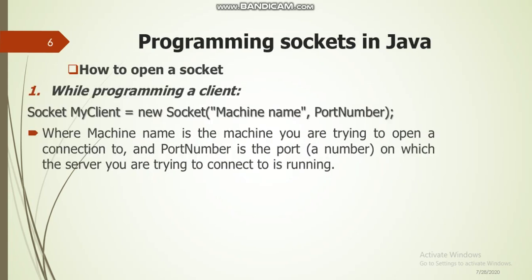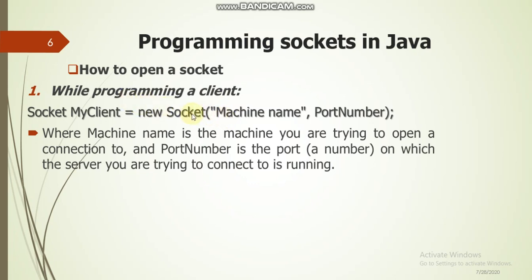To open a socket at client side, we write Socket, we leave space, we put the socket name. This is a name taken randomly, you can pick any, equal to new Socket.